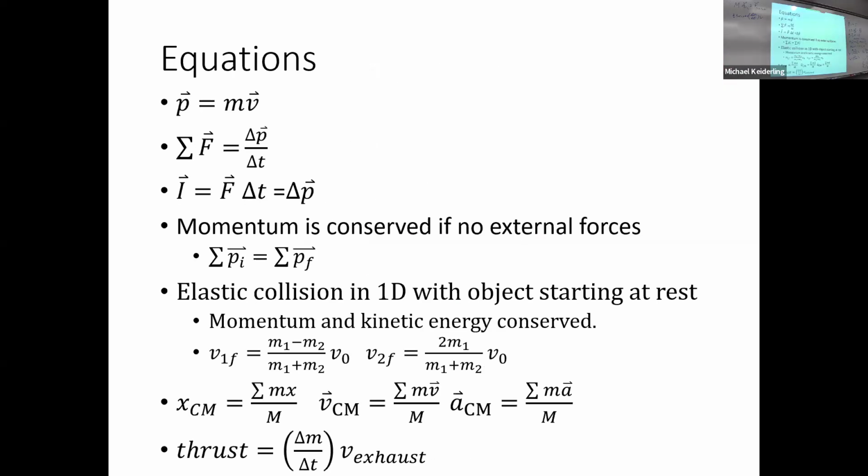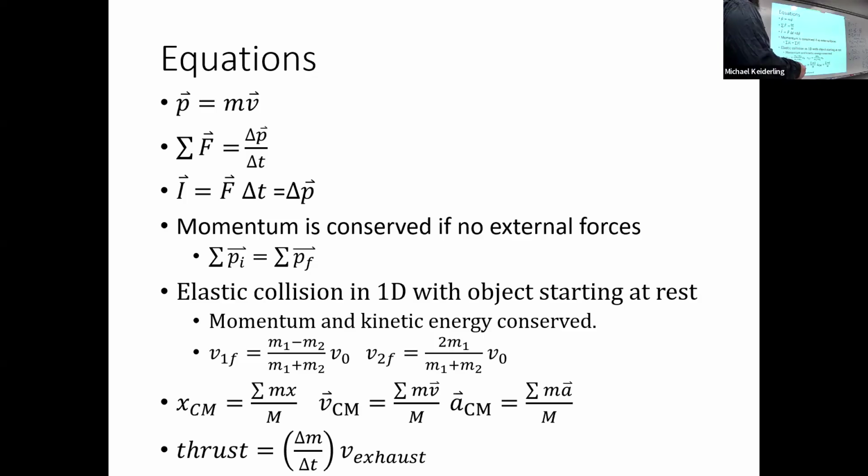So momentum equals mass times velocity. Net force is change in momentum over change in time. Impulse is force times time, which is change in momentum. Momentum is conserved if there are no external forces, so the sum of all initial momentums equals the sum of all final momentums. Elastic collision in 1D with objects starting at rest, V1 final equals M1 minus M2 over M1 plus M2 times V naught.